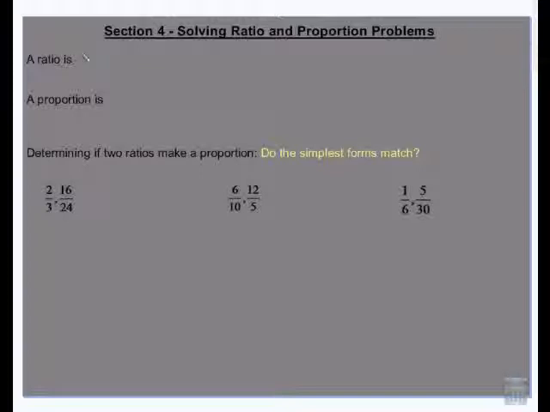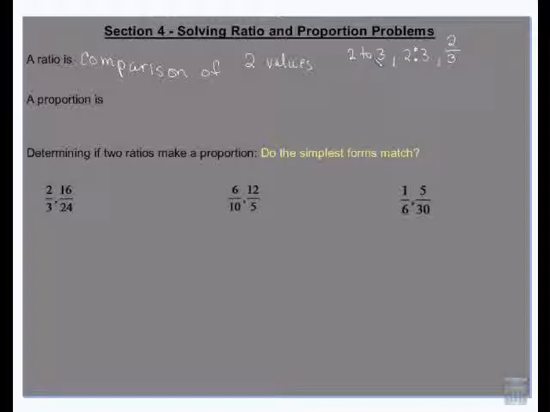If we talk about a ratio, it's just a comparison. A ratio is just a comparison of two values. That's all it is. It can be written like 2 to 3, 2 to 3, or 2 to 3. This is like 2 cats for every 3 dogs or something.